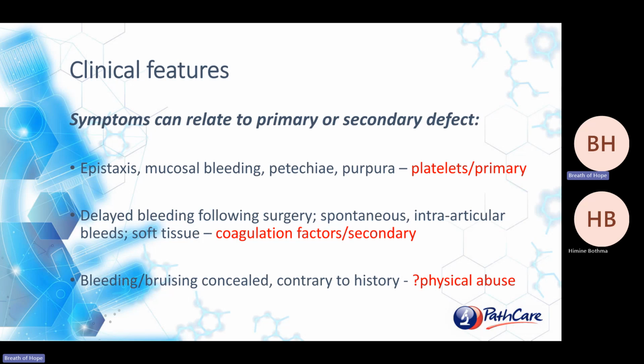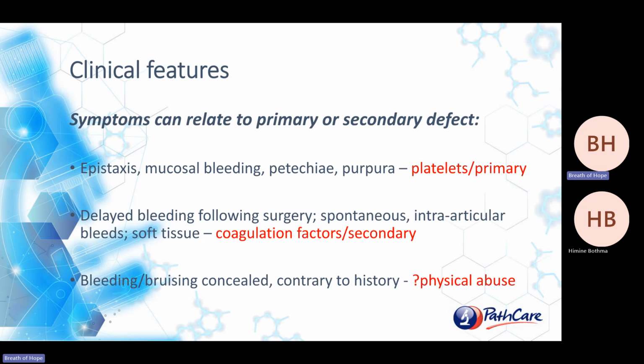Just with petechiae, that is usually pinpoint bleeds, usually less than 2 millimeters. Some articles say 4 millimeters. Purpura is slightly larger. That is, depending on which reference you're using, either more than 2 millimeters, but up to a centimeter. And then anything larger than that is ecchymoses.